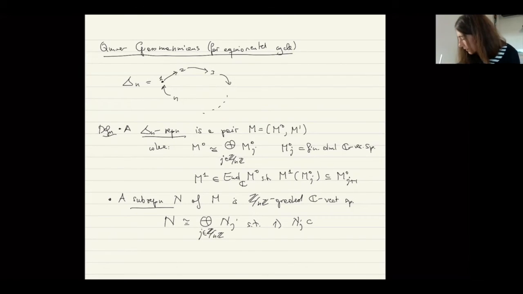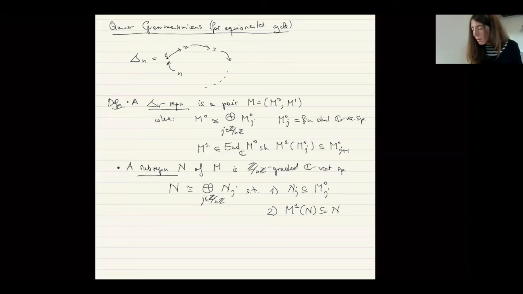So Nj is contained in M0j, and N is preserved by the endomorphism. We want that M1 of N is contained in N.